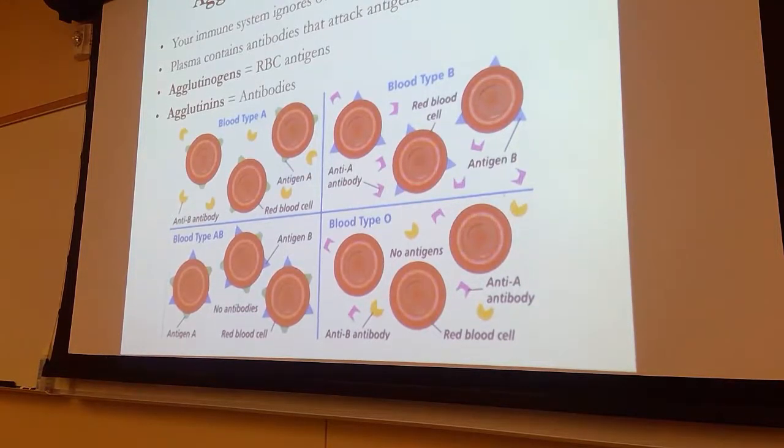So if you are blood type A, what antibodies should you make against foreign blood types? You should make agglutinins that are anti-B, right? You are blood type A. Your body should protect you against all other blood types.